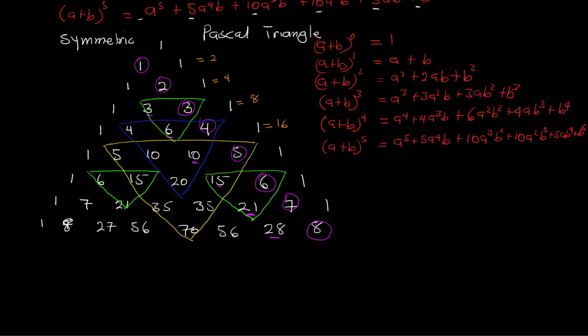This is 16. This is 32. This is 64. And we see that we have 2, 4, 8, 16, 32, 64. We can say that it is 2 raised to the power n, where n is 0, 1, 2, 3, 4, the powers that we have on these binomial terms.